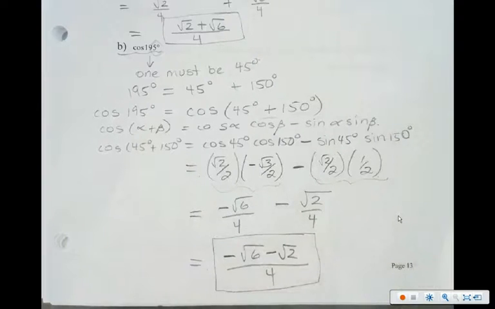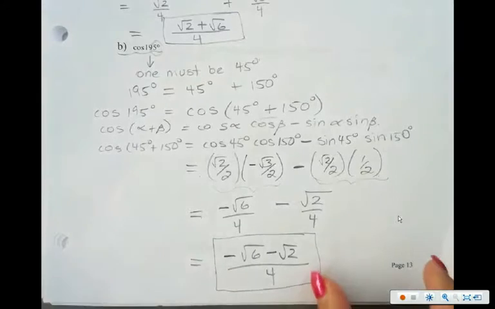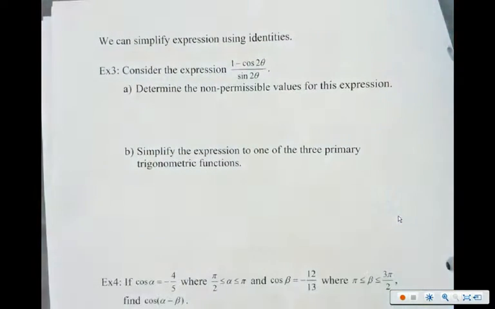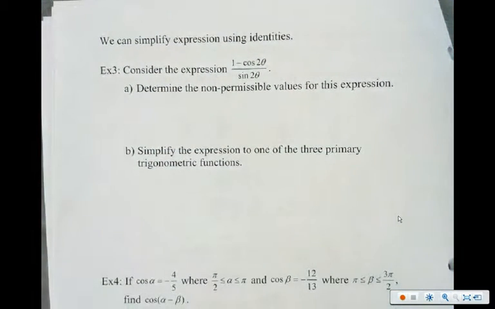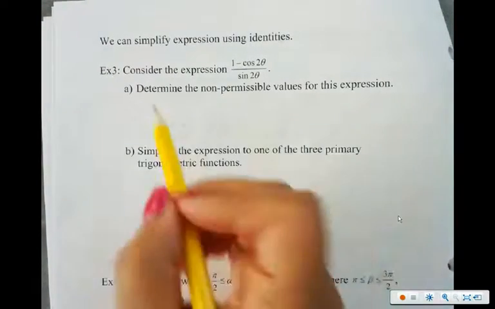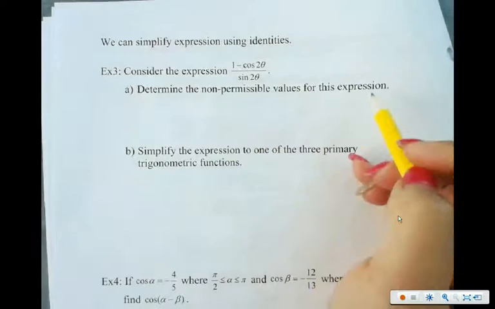All right, so the next question says, we can simplify expressions using identities. Now here we've got 1 minus cos 2 theta over sine 2 theta. So it says here, determine the non-permissible values for this expression.